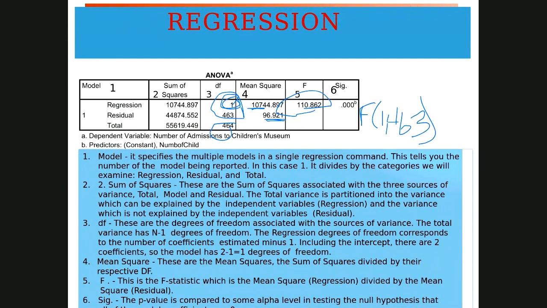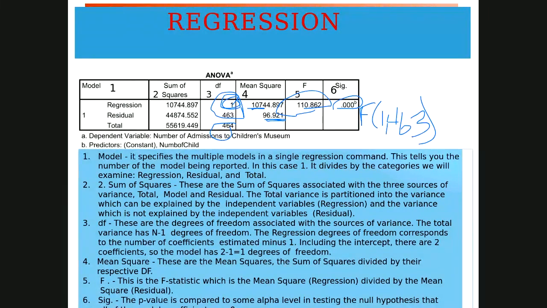And then the significance tells us how this p-value does compare to some alpha level, which in this class and in many journals and statistics forums, we use alpha of 0.05. So in this case, our significance is p less than 0.001 because we see it in our output as 0.000.